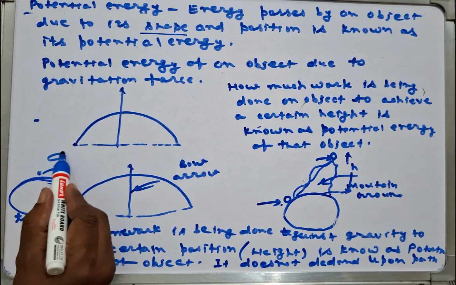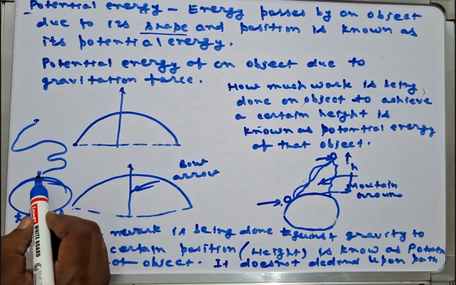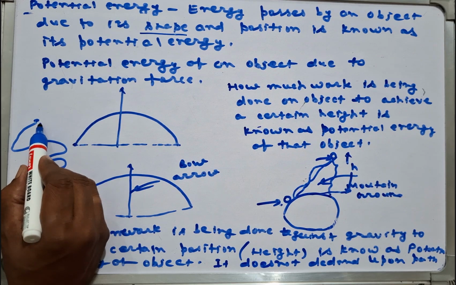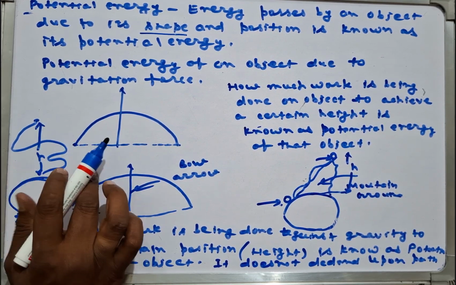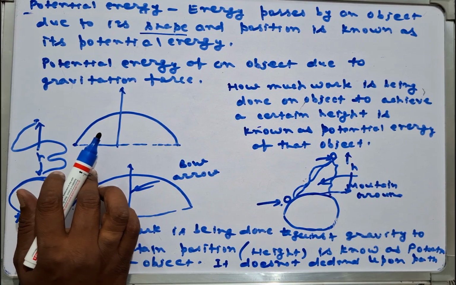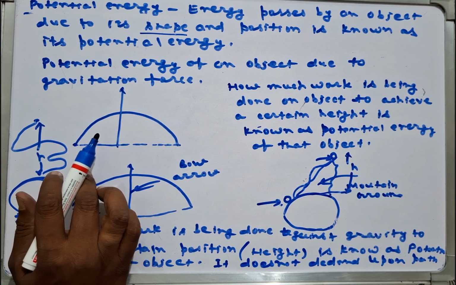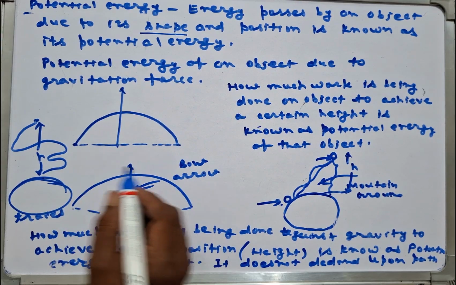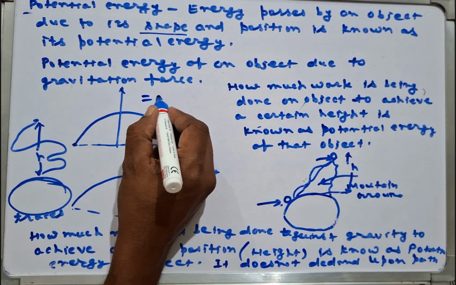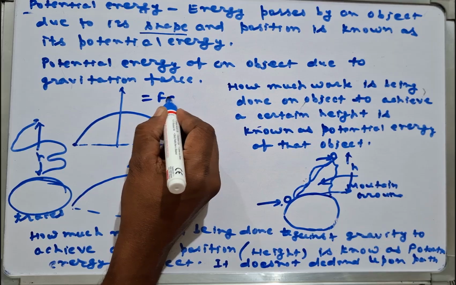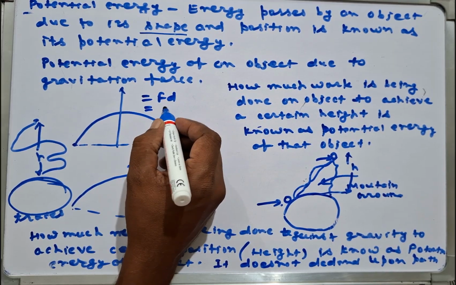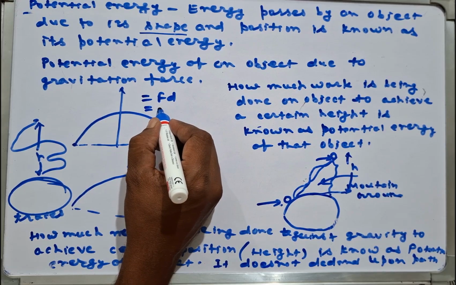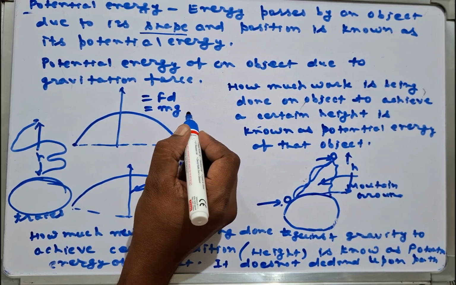Suppose this ball is here, or this is now here from the earth's surface. If you go like this, or here, the height is h. So work done against gravity in the direction of force is equal to force into displacement. The force against gravity is mg.